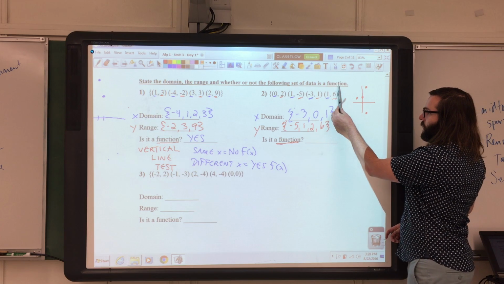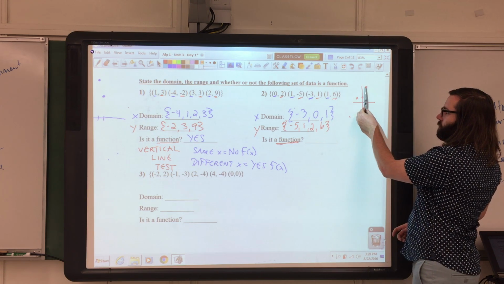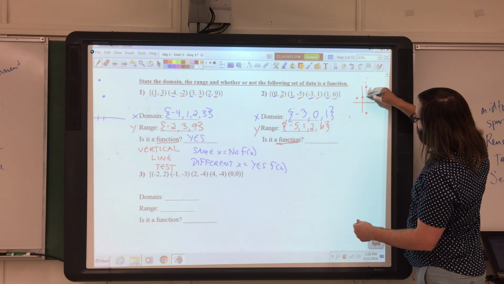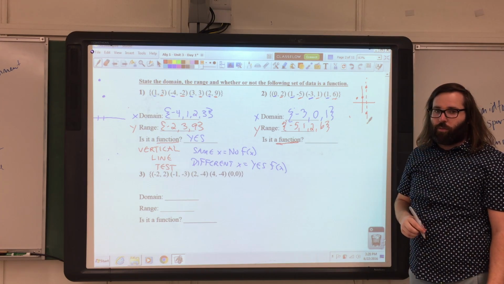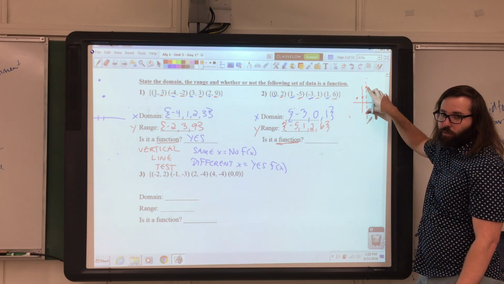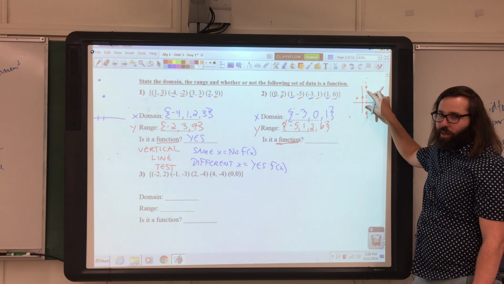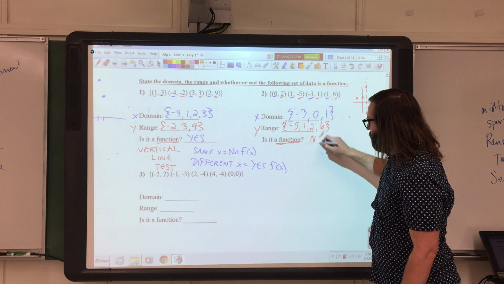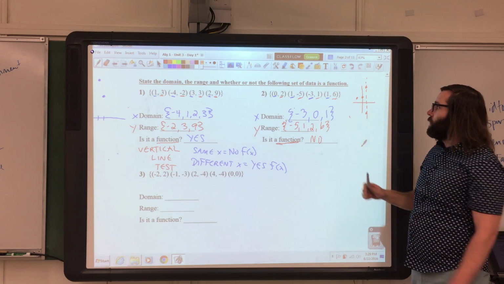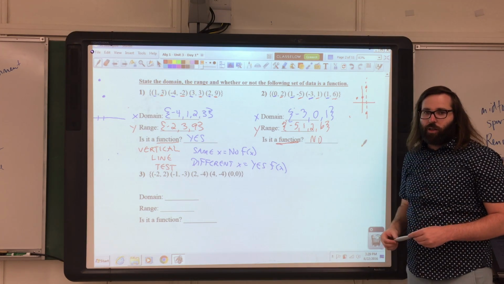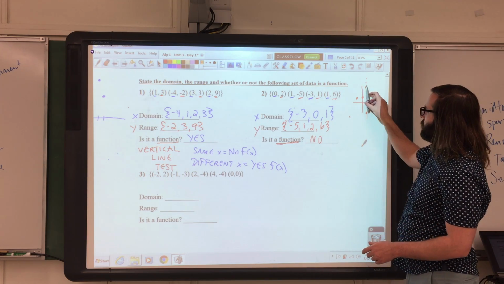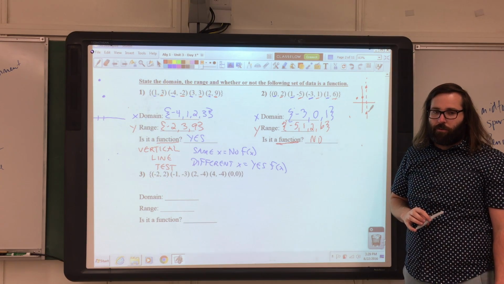If we took our vertical line, oop, these two are both, okay? If y is 2 different things at this point, we can't have that. So this is not a function. And it did not pass the vertical line test. We have 2 points at the same x.